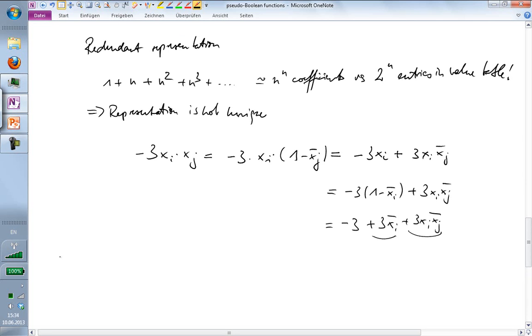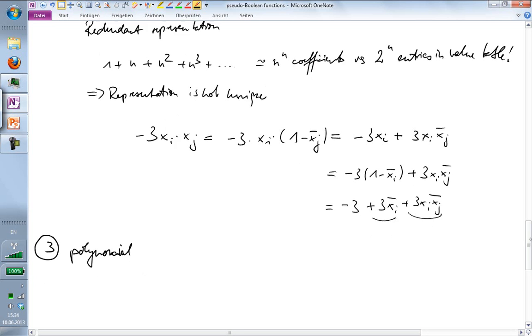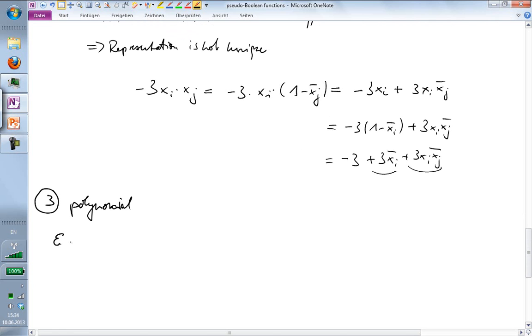So this was representation number 2 in terms of a so-called posiform, and representation 3 is simply in terms of a polynomial. So for a polynomial, I now restrict the range of my indices. So when looking here at pairwise terms, I have i going from 1 to n.